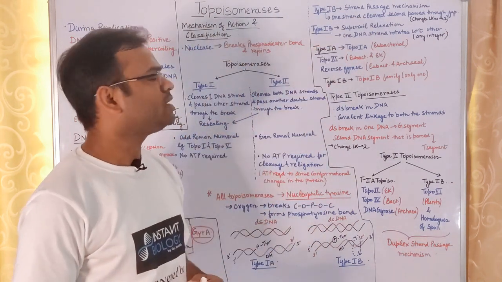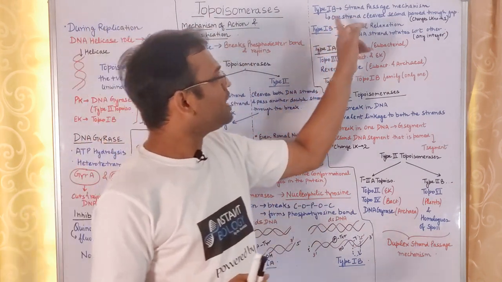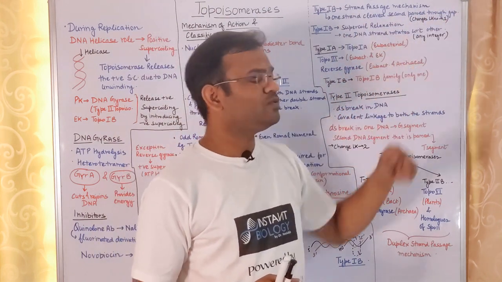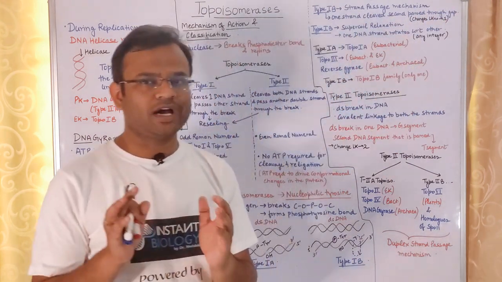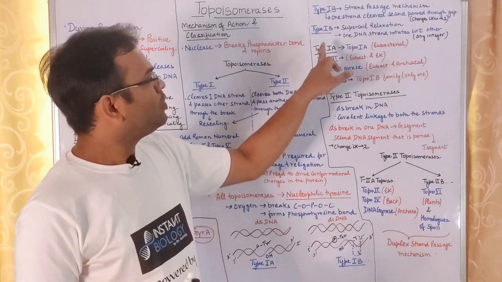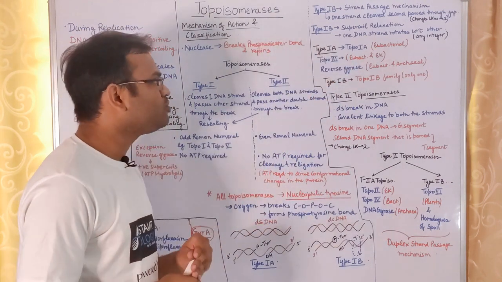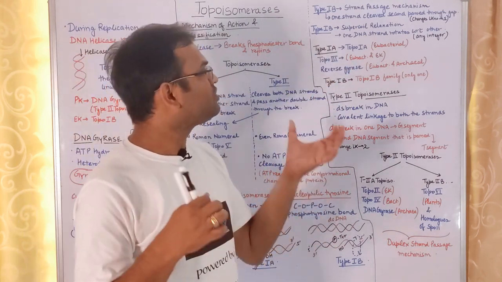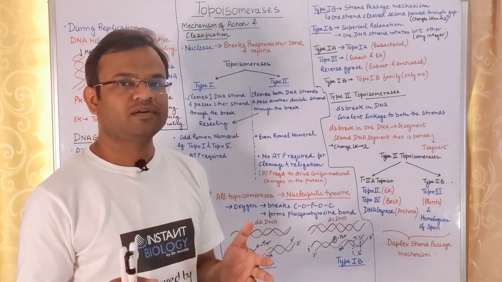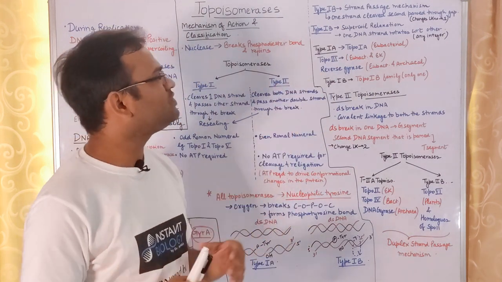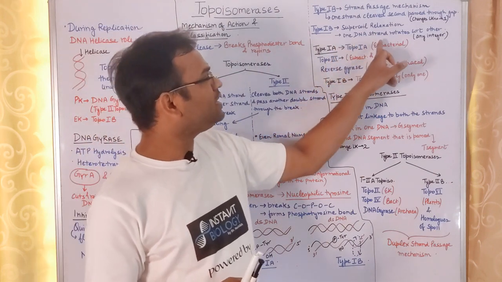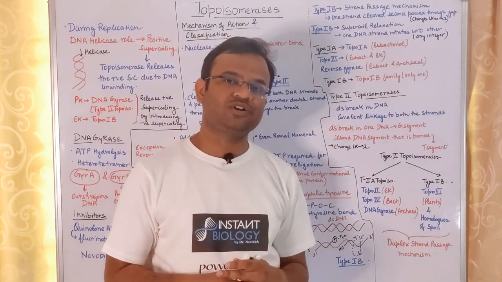Let us talk about type 1B. One more thing. Type 1A topoisomerases will change the linking number by 1. What about type 1B topoisomerases? It will just relax the supercoil, and one DNA strand rotates with respect to the other.